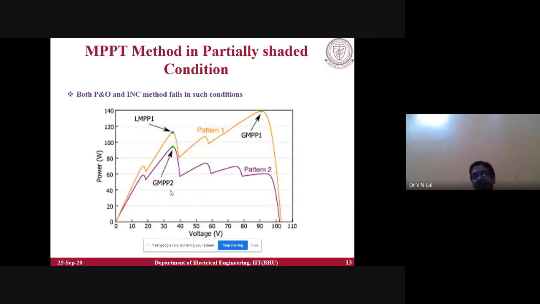But there are some limitations in all those methods. Some methods are very complex, some methods are slow, and some methods fail in particular environmental conditions. So they are not able to search the MPP in all types of partially shaded conditions.